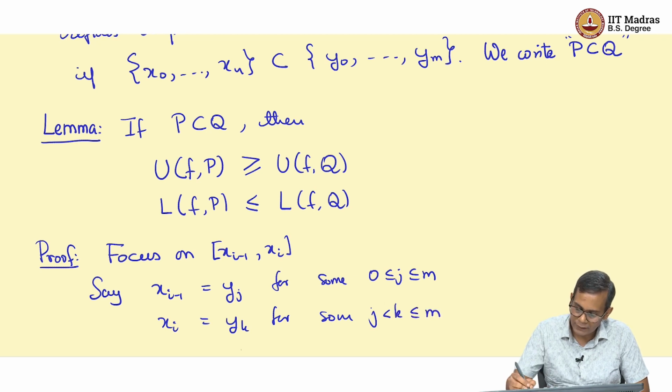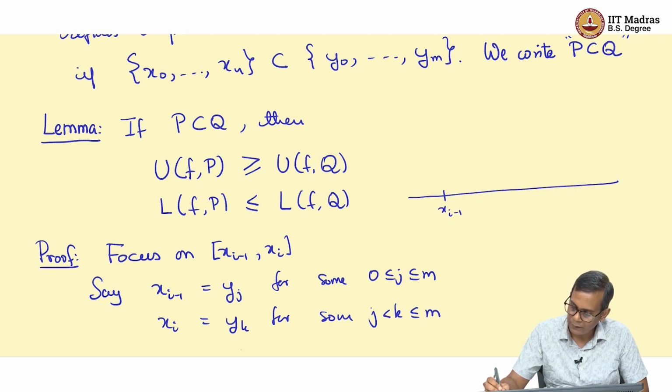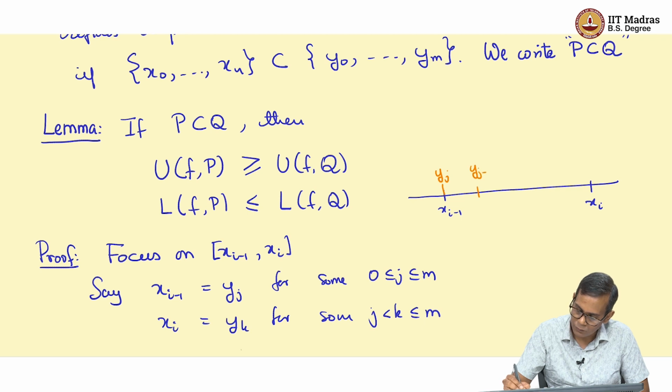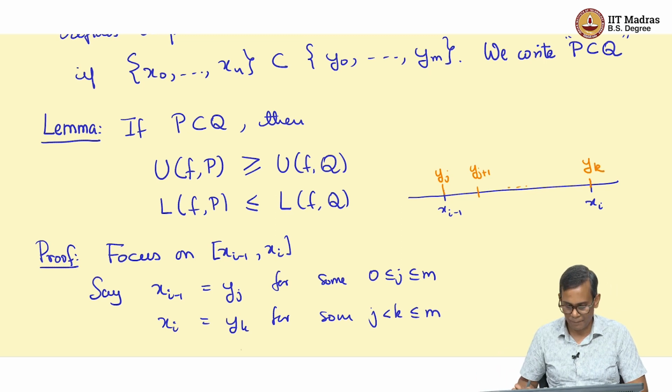So what we have is this one interval between x_{i-1} and x_i, and we have subdivided it into pieces. So this is y_j, y_{j+1}, and so on, and we go up to y_k, which is x_i.